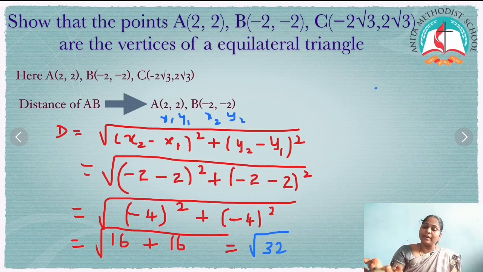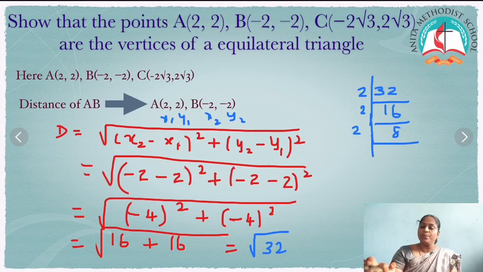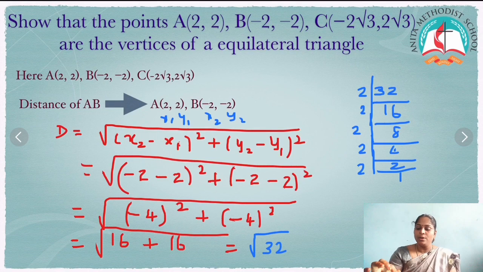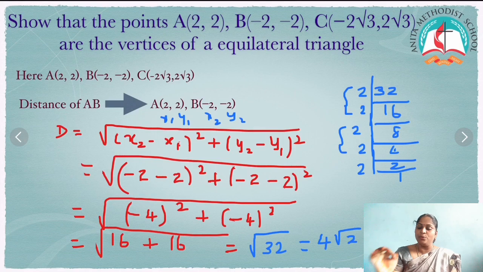How to do the prime factorization? If it is 32, dividing by 2 gives 16, again 2, 8, 2, 4, again dividing by 2 we get 2. So we get 5 times 2. So the square root of this is 2 into 2, so 4 root 2. Like that also it is possible to write it.